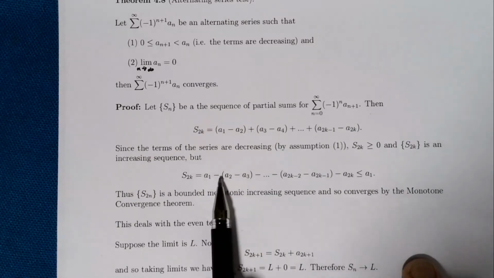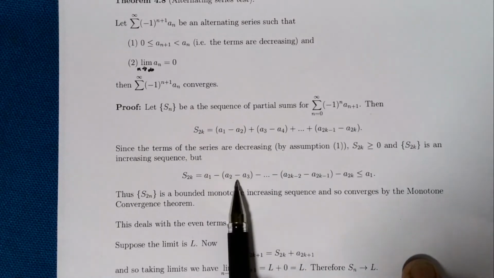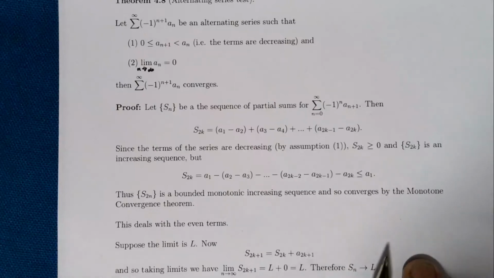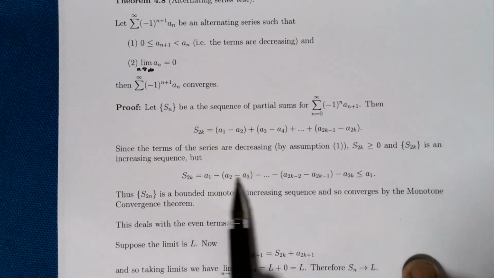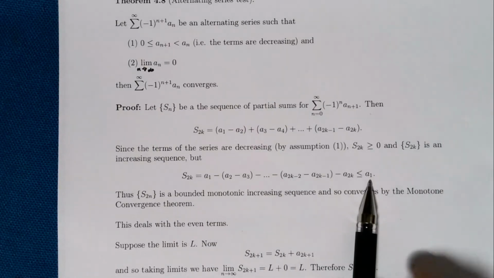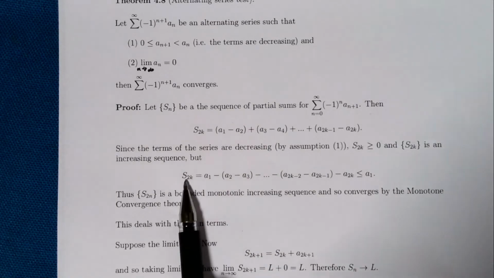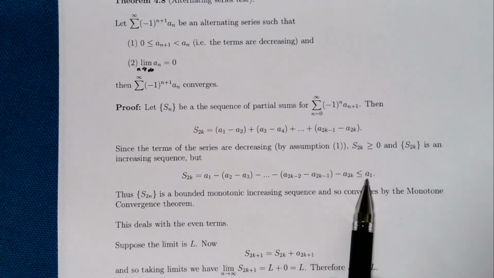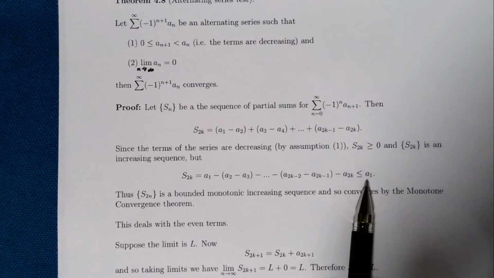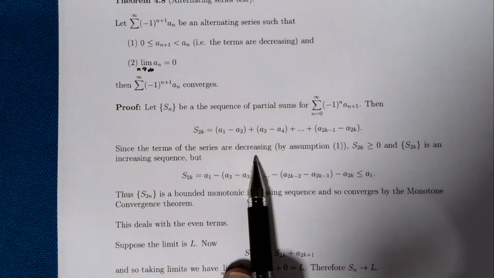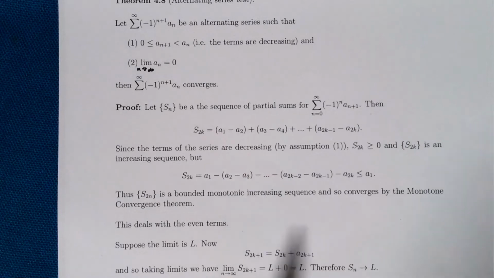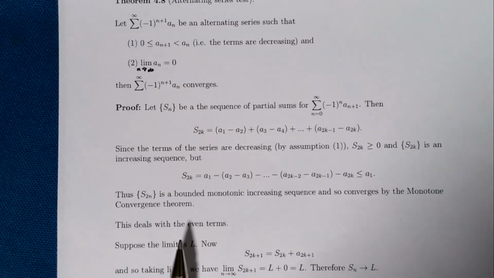So these are all negatives, and what's in the brackets are all positive. So I get a1 minus something, and that's going to be less than or equal to a1, in fact, strictly less than a1. That means these partial sums are bounded by the very first term. So they're bounded, they're all less than that.